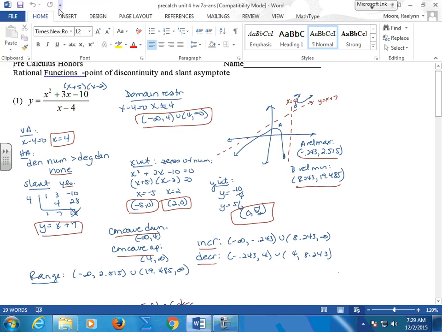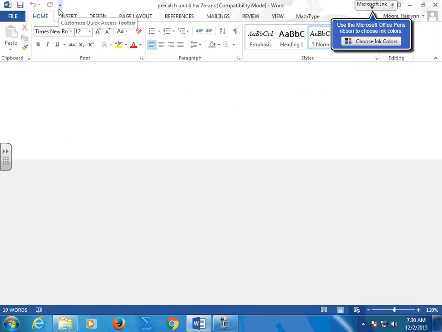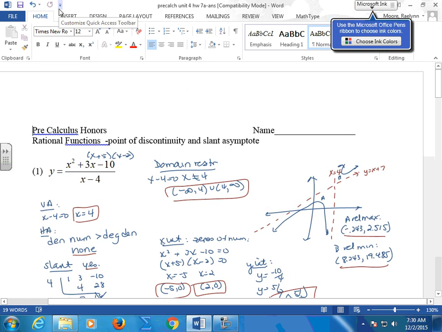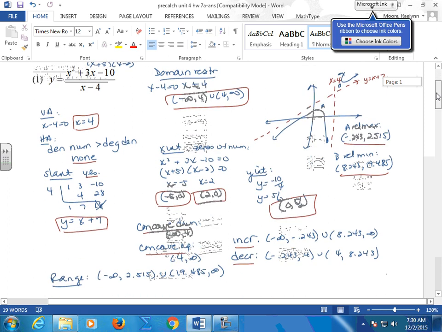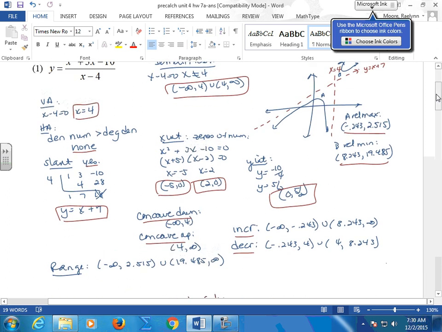Let's stay focused. Okay, range. Once you have your Y values in here, then do your range. Oops. Okay, so that happened weird again. So now, your range, you do it towards the end because you have to find your max and your minimums first.